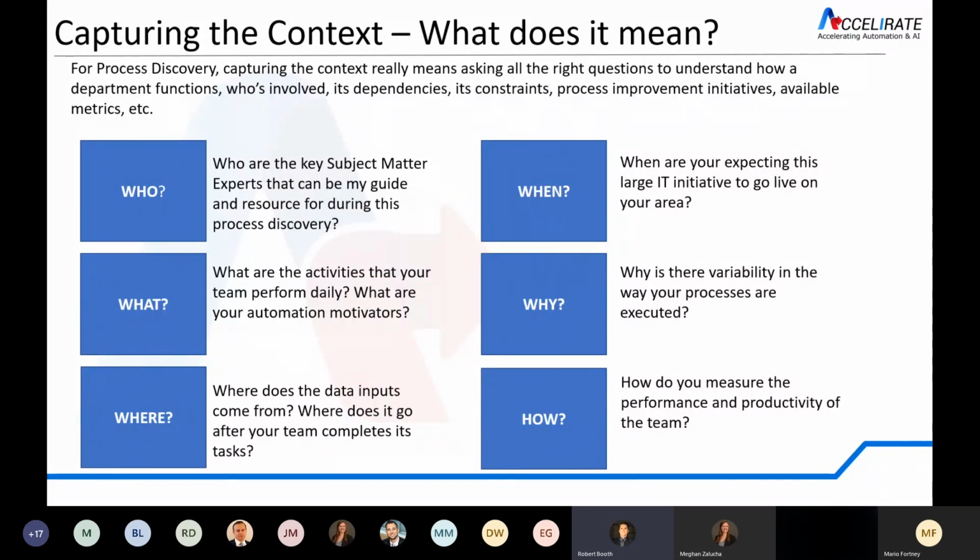What are the dependencies and constraints that go along with being in that department, whether it's an upstream or downstream area within the larger organization, as well as what initiatives relate to process improvement, and what available process metrics will be very important to us as we move forward, along with some other key areas. So let's start with the who, what, where, when, why, and how.